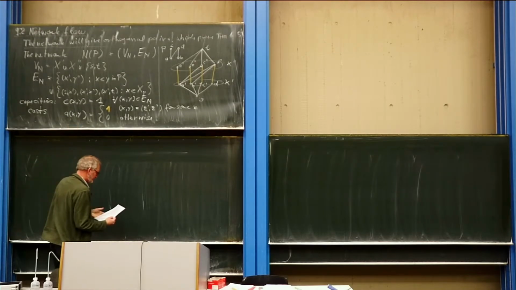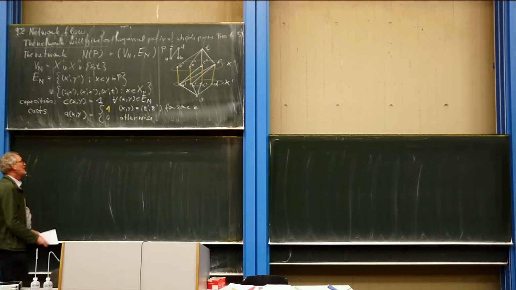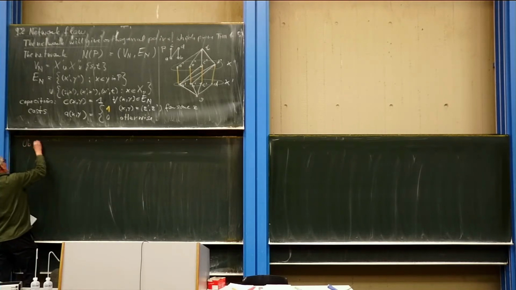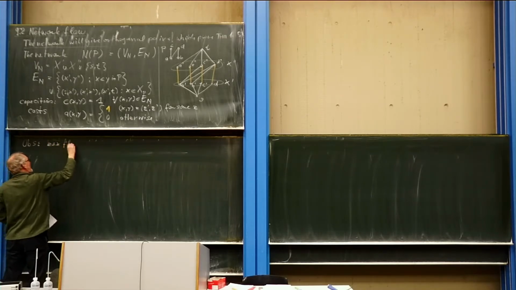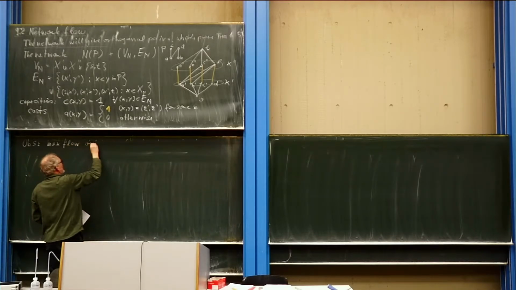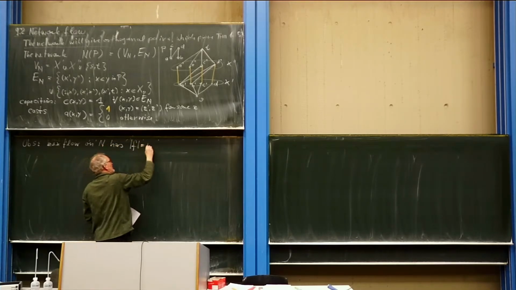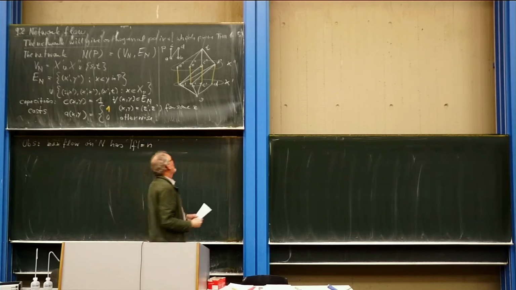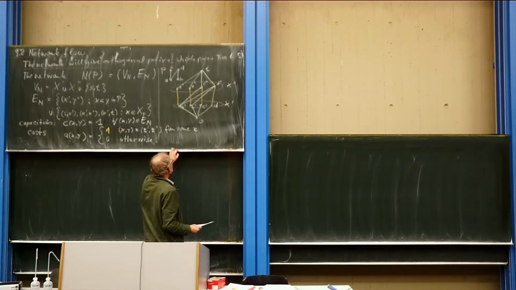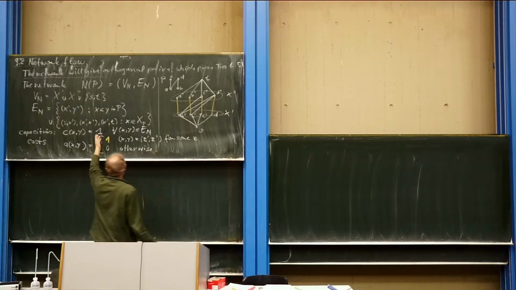Now, what can we say about flows in this network? We observe that the maximum flow on N has flow value equal to n. If we sum the capacities of all edges leaving S, then this is n, and we can only send a unit there.